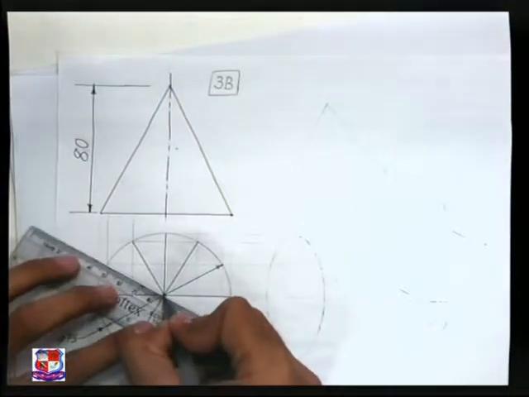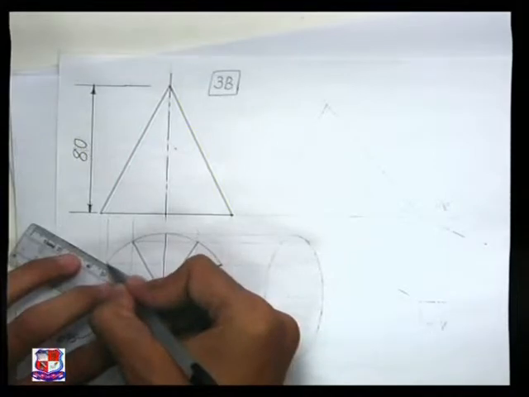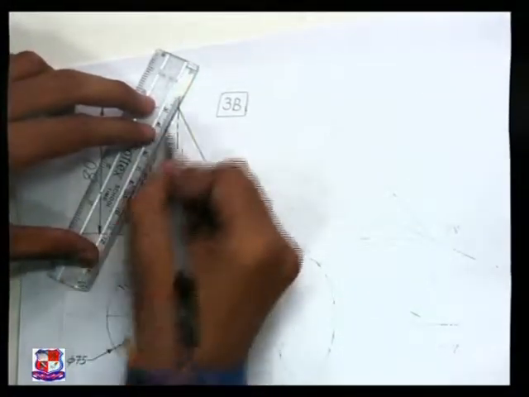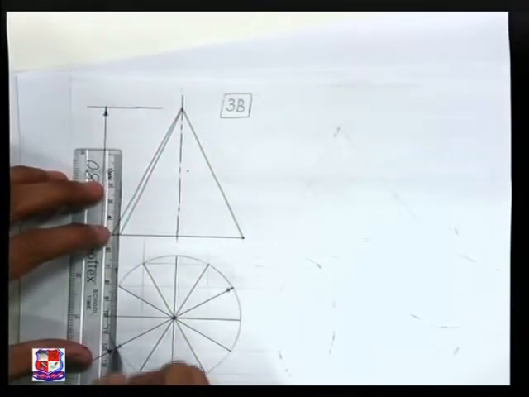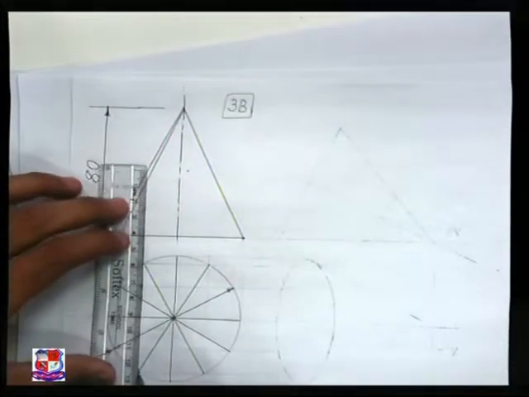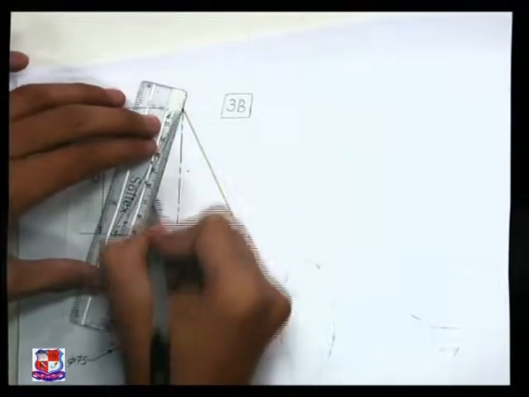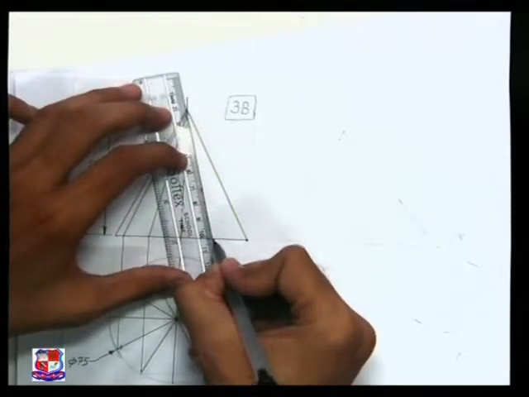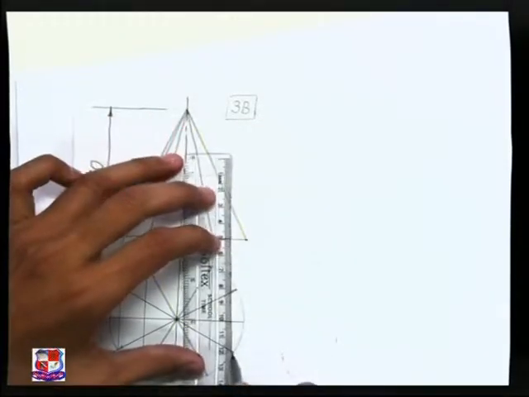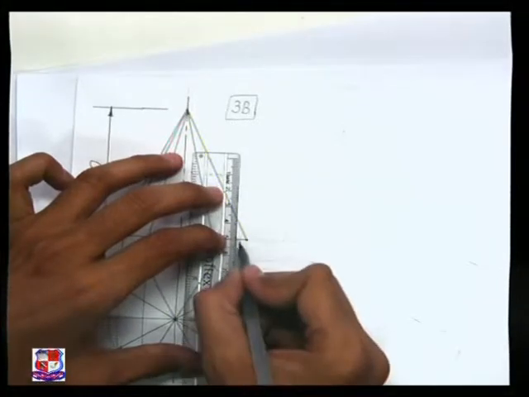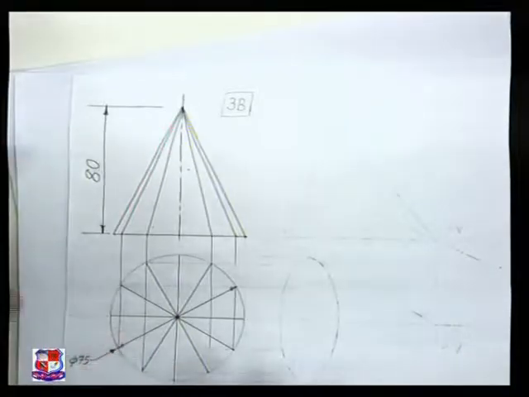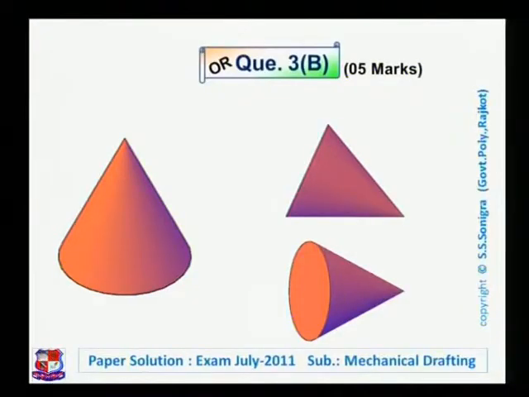So these are the imaginary generators which are drawn over here, and their projections in front view like this. From here draw vertical lines, from here also draw vertical lines, and draw such imaginary generators from each end. It would appear like this. After drawing these edges, whenever any problem is asked for projections of solids, this should be the first step. On an average, every time we have to draw views like this.